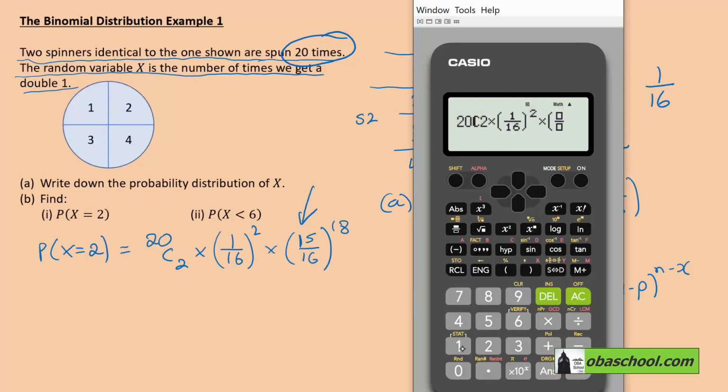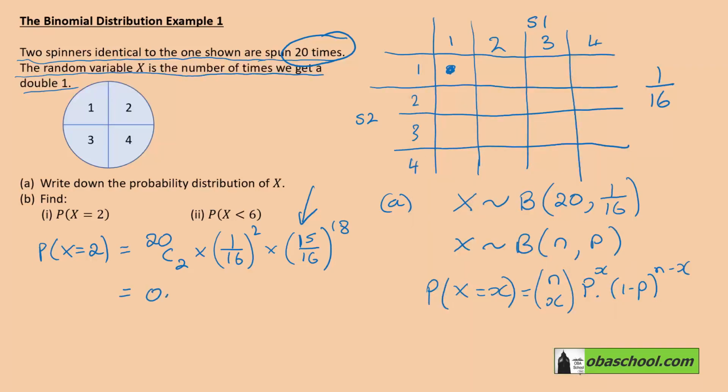So it would be 15/16 to the power 18, and that would give me 0.2323, correct to 4 decimal places.